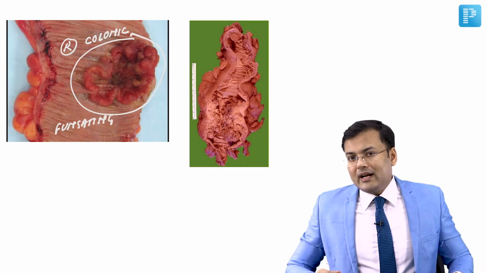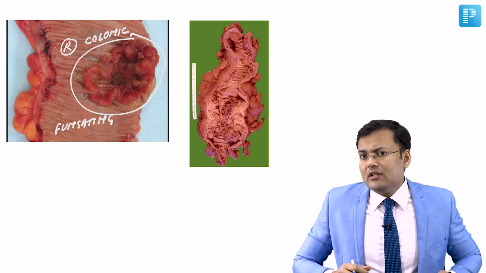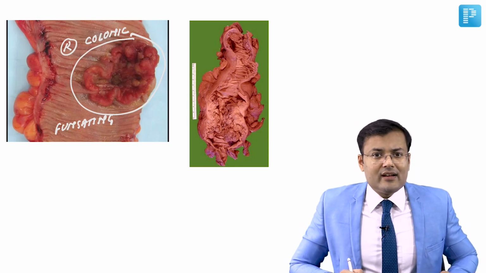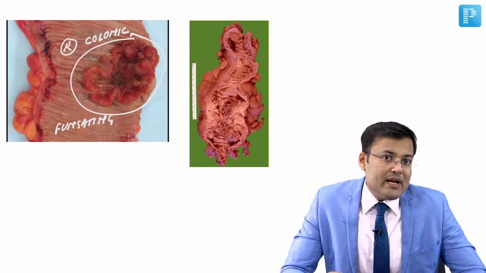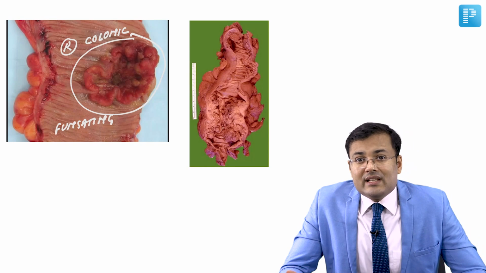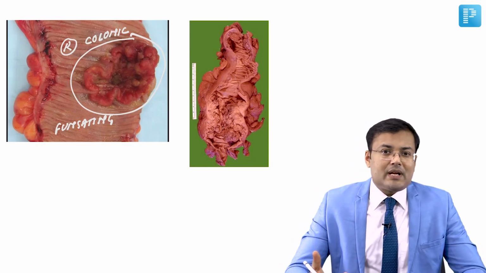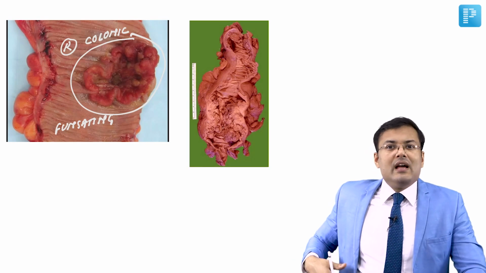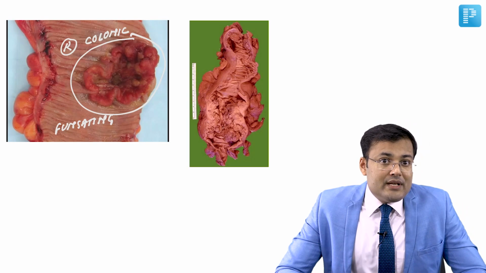So on the right side, bleeding is more common. Why? Because the tumor is ulceroproliferative or fungating. The bleeding can be in the form of occult bleeding leading to anemia. It can lead to fresh bleeding, that is hematochezia. It can lead to melena. Or sometimes in advanced cases, the patient has a right iliac fossa mass. So on the right side, bleeding is more common.